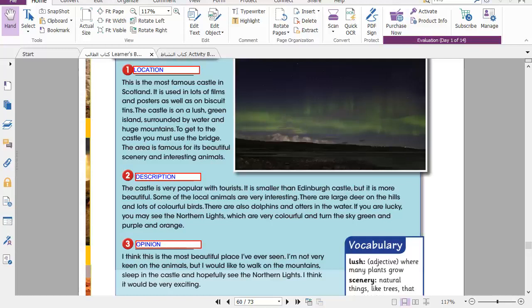There are large deer on the hills and lots of colorful birds. There are also dolphins and otters in the water. If you are lucky, you may see the northern lights, which are very colorful and turn the sky green and purple and orange. So this passage describes the island.